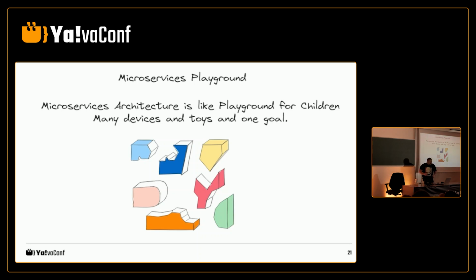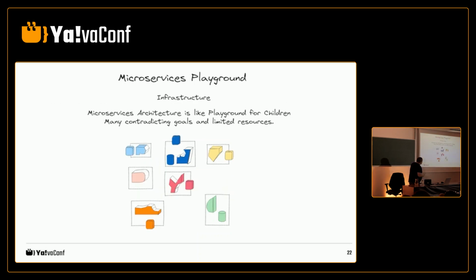I want to use this analogy because I want to say that if you start playing with the microservices, quickly you just discover a few things. First one is architecture. You have many contradicting goals of the microservices, and they're trying to produce things on a limited amount of resources. So when you just extract things, you have to start thinking, where is it actually going to live?